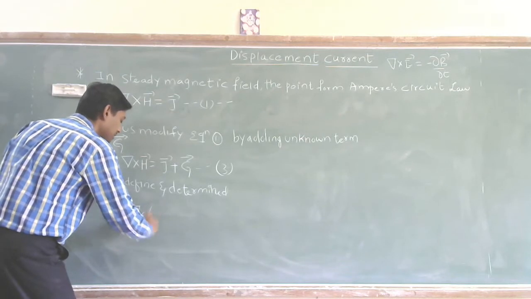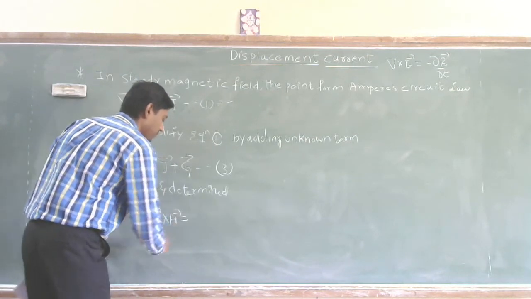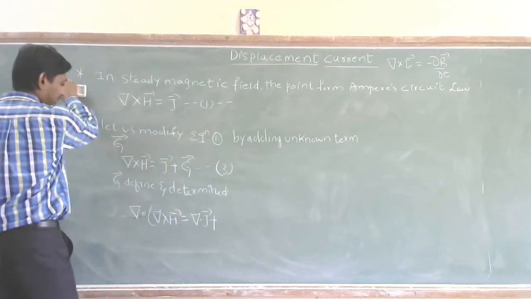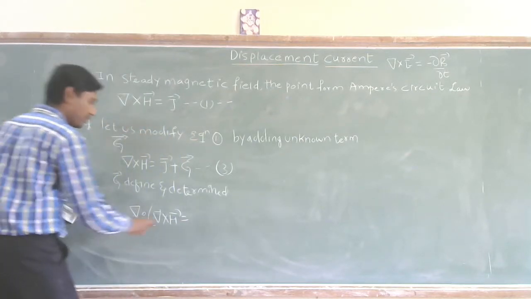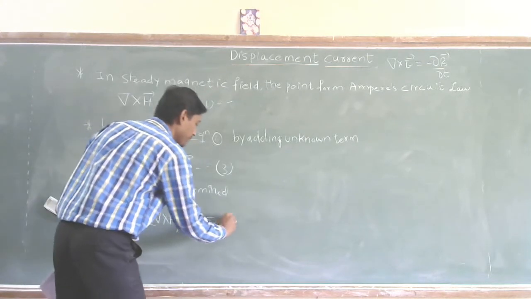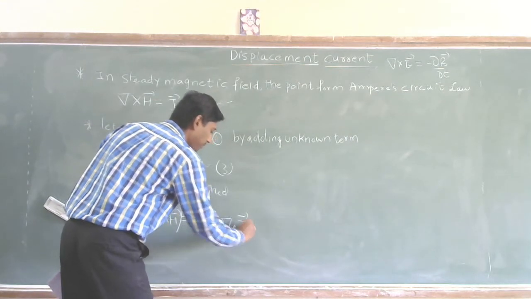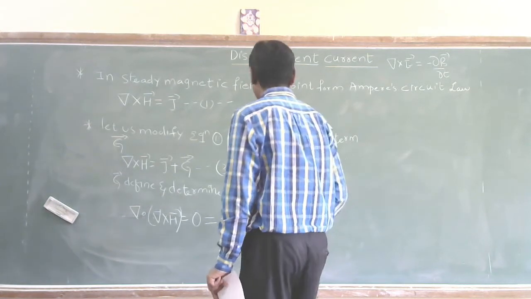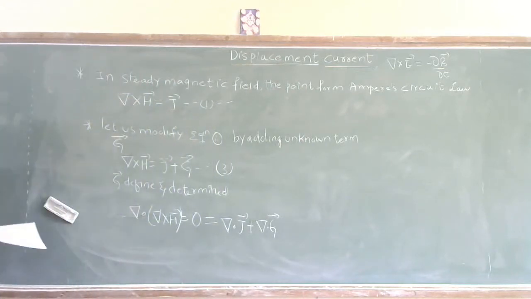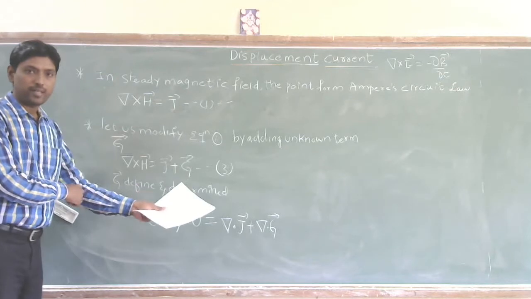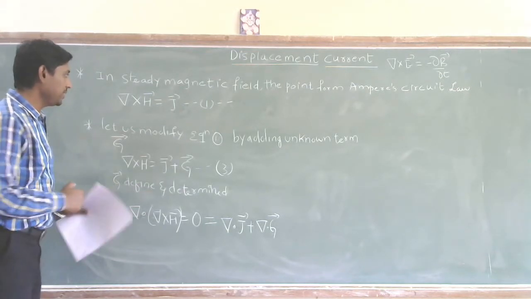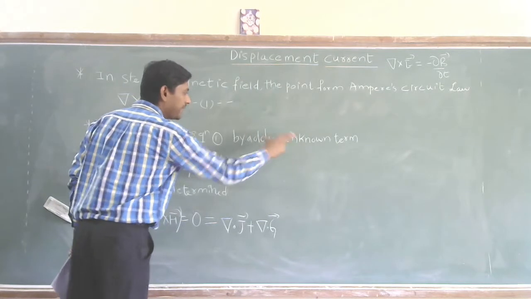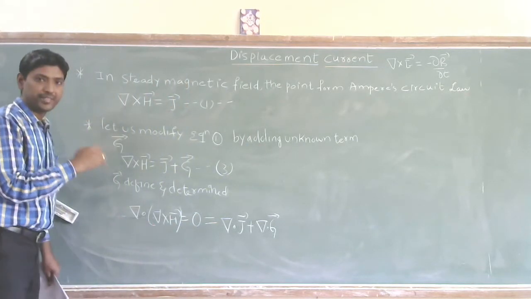The divergence of a curl is 0, which is equal to del dot J plus del dot G. So from equations 2 and 3, we come to know that we need to modify equation 1. We modify it by adding an unknown term G, which we need to define and determine.